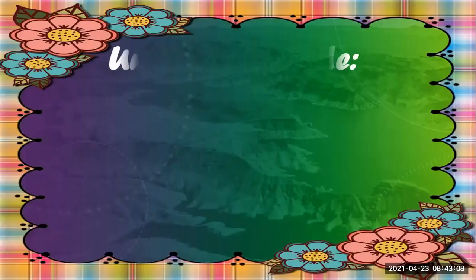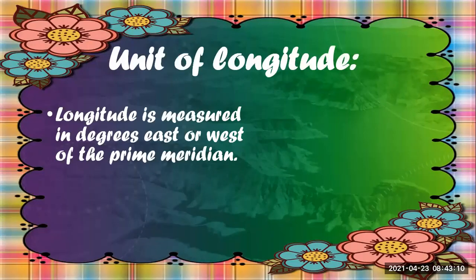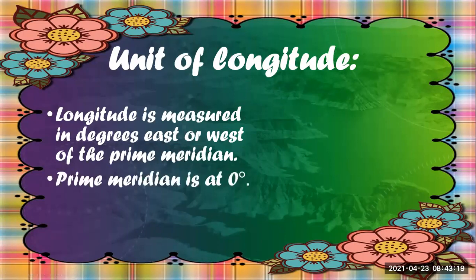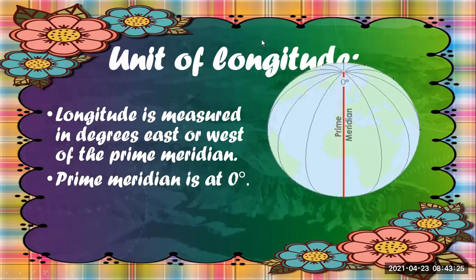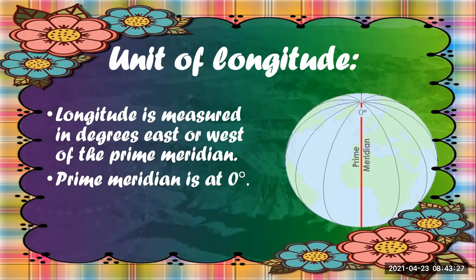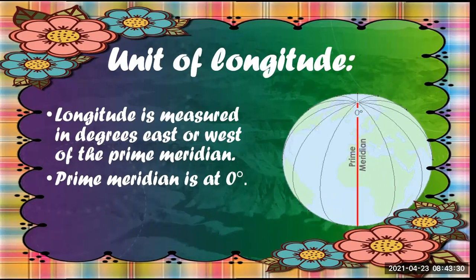Then the unit: as I told you, longitude is measured in degrees, east or west of the prime meridian. Prime meridian would be at 0 degree, and it is going to be the starting point for measuring the longitude, as I have shown you in the previous slide as well.